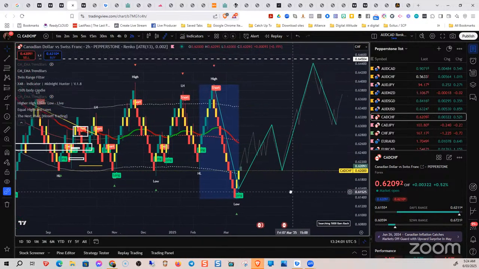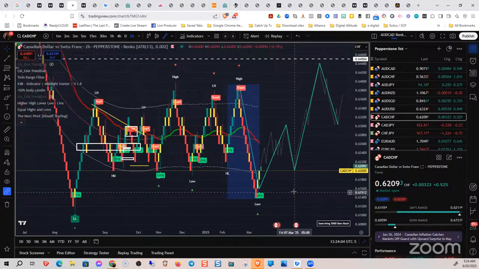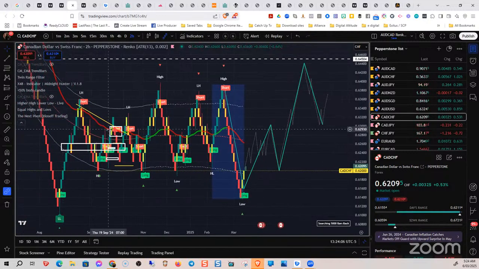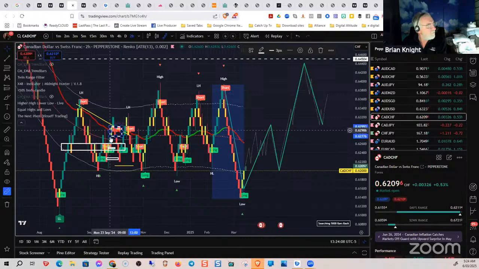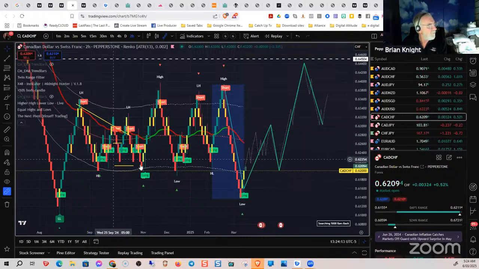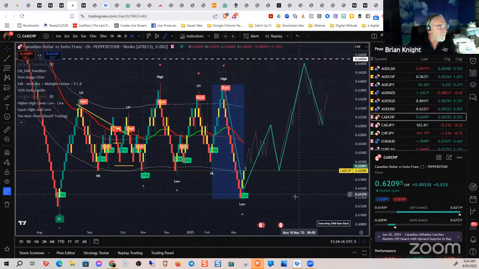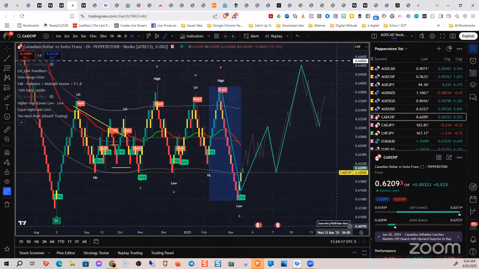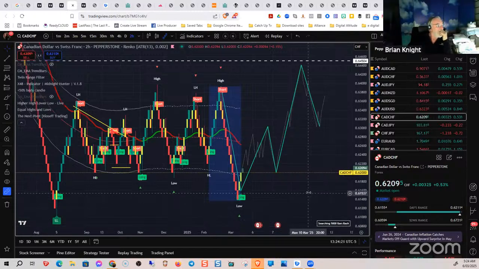Okay, so this is how I'm doing it. Searching 5,000 bars back. Super simple.